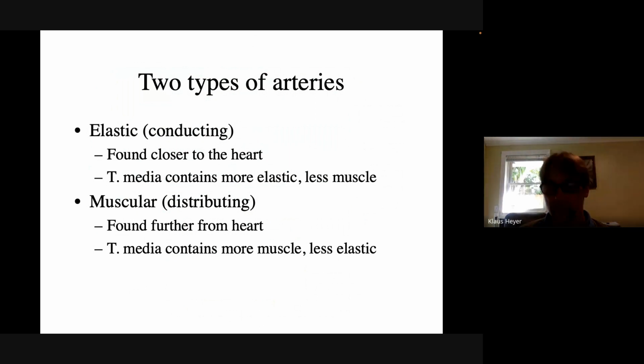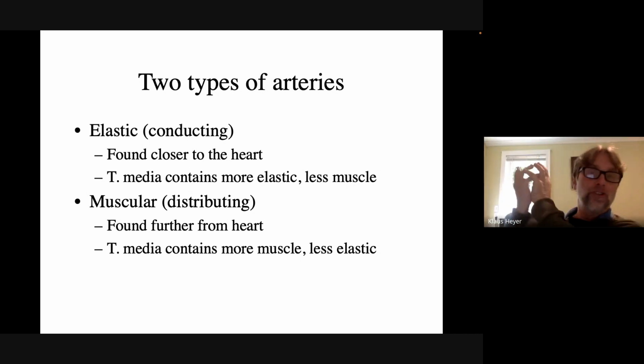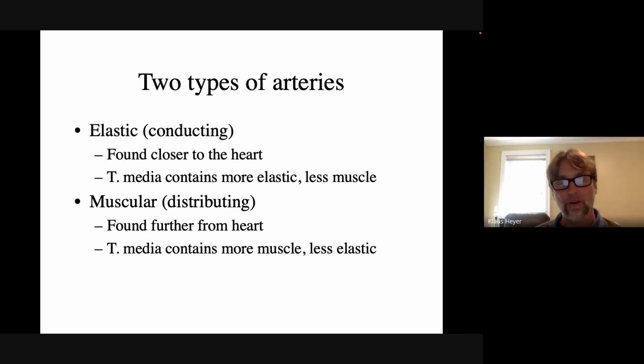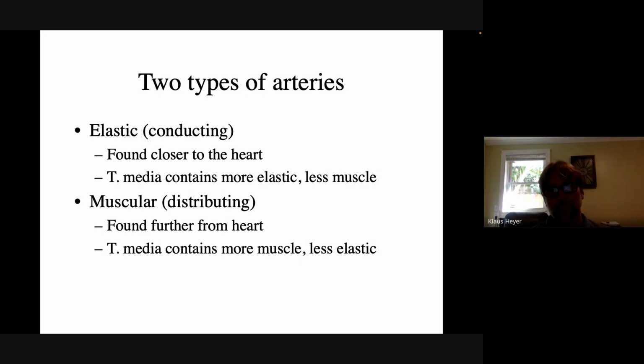Those are elastic because you want them to stretch out as the blood leaves the heart. And then, because the artery is elastic, it snaps back, and that pushes the blood even further along. That's why we call them conducting: the elastic helps push the blood through your body. I hope that makes sense.